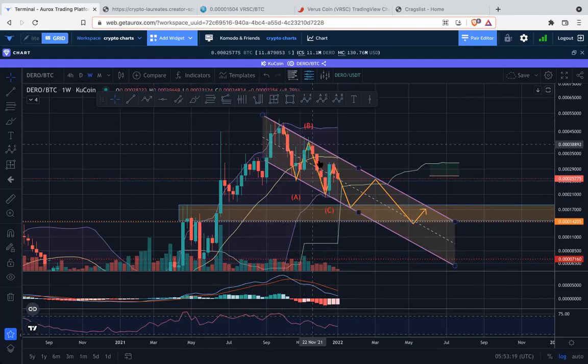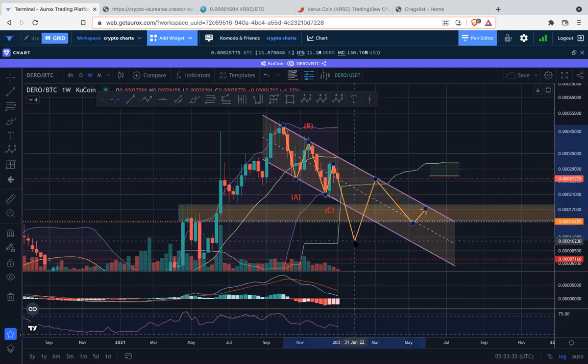So if this is indeed an ABC right here, then we're going to be seeing more action, and it has to end somewhere in the channel or out of the channel, to the lower or upper end or the middle, but it won't end on the channel itself on one of the upper or lower extremities.